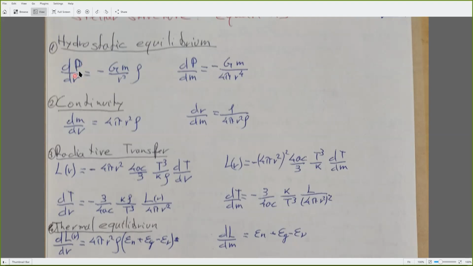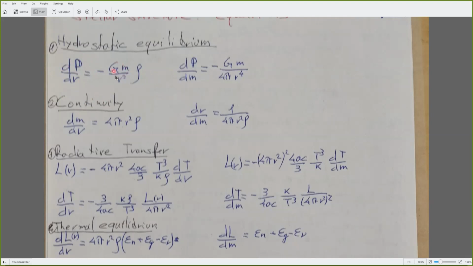So the pressure is the unit of a density of energy. If you do the gradient, it's like the density of a force.